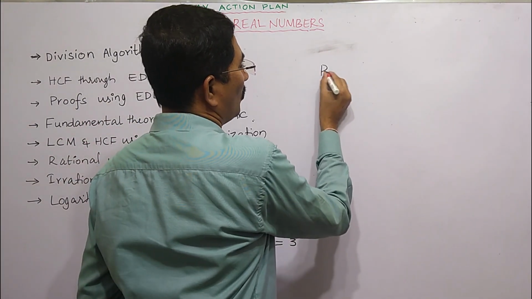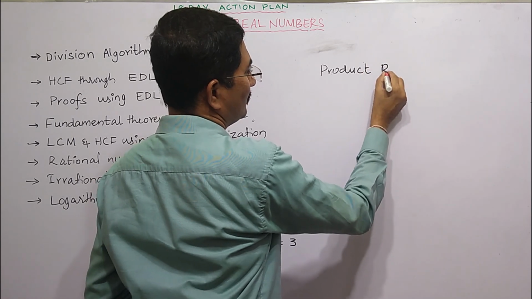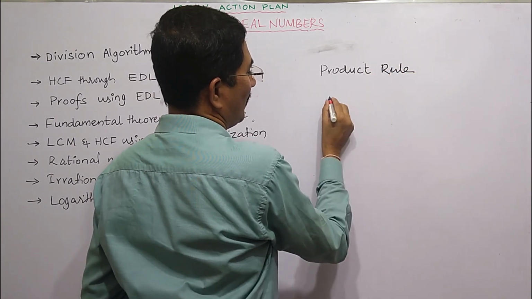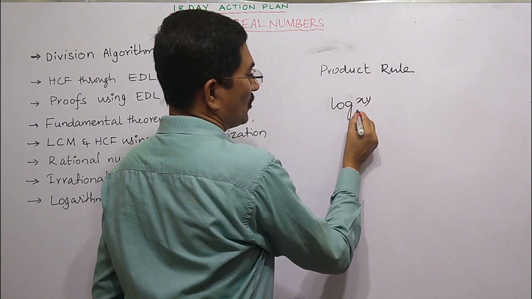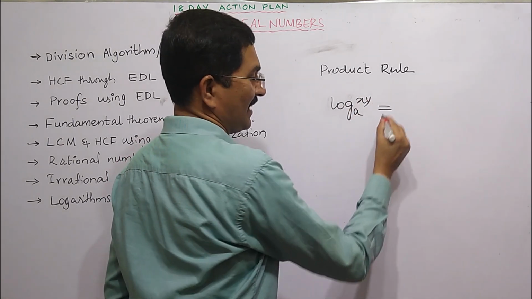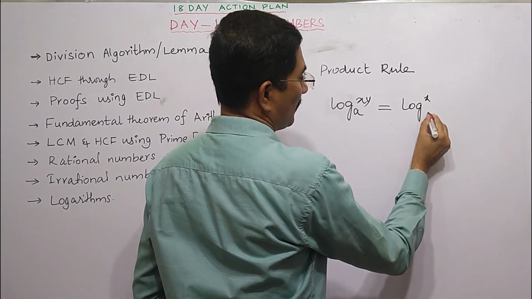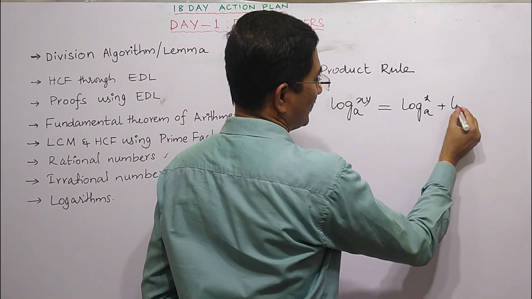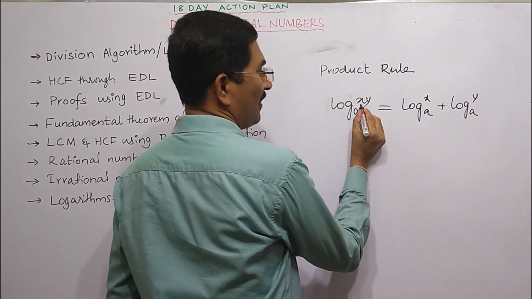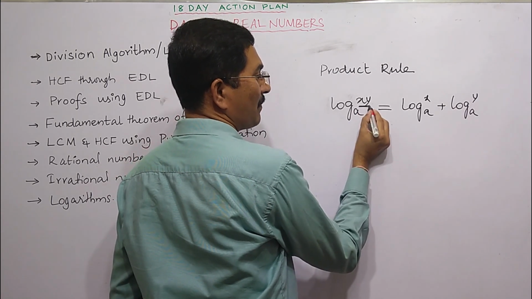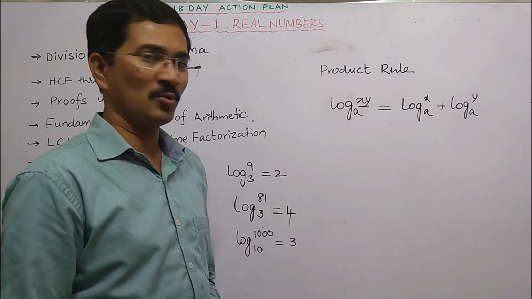The product rule. What does it say? It says log xy to the base a can be written as log x to the base a plus log y to the base a. Simple. Instead of being multiplied, you are adding them. That is the product rule.